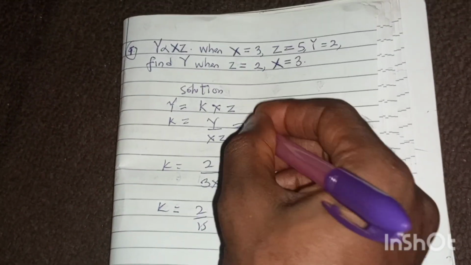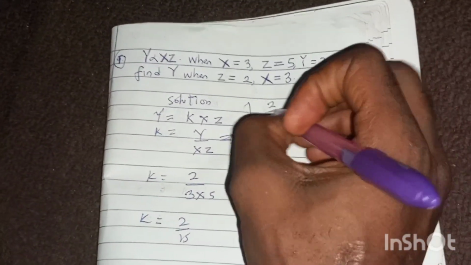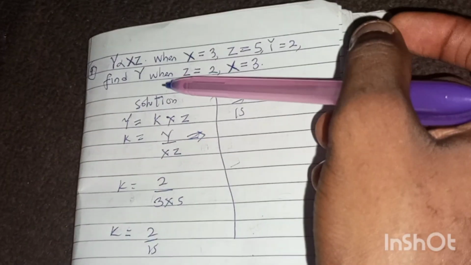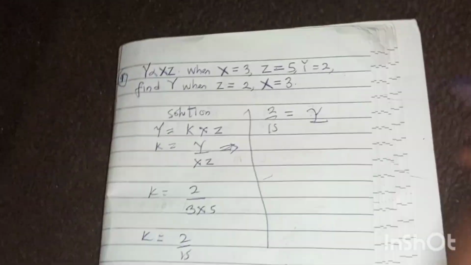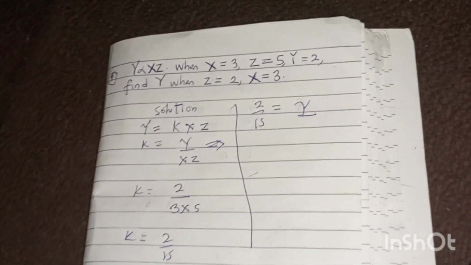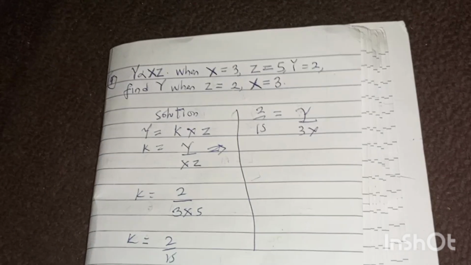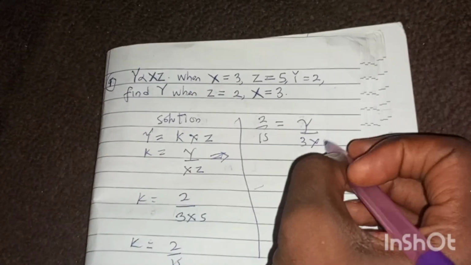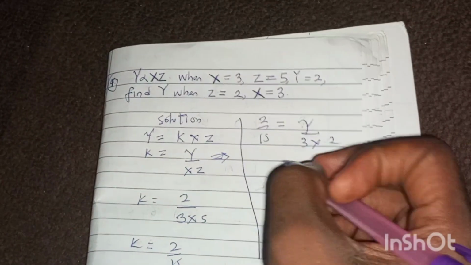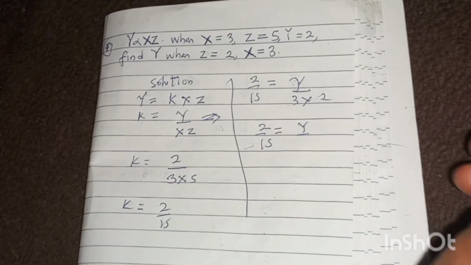I'll now put k back in this equation. That's 2 all over 15 equals, now the question says to find y, so I'm going to put y here, all over x times z. X is still 3, just like the first time, and the z is 2 this time around. So I'm having 2 all over 15 equals y all over 3 times 2, which is 6.